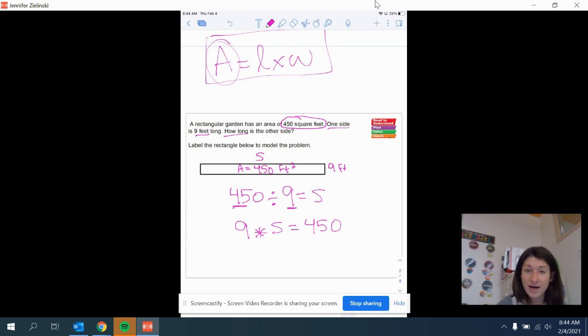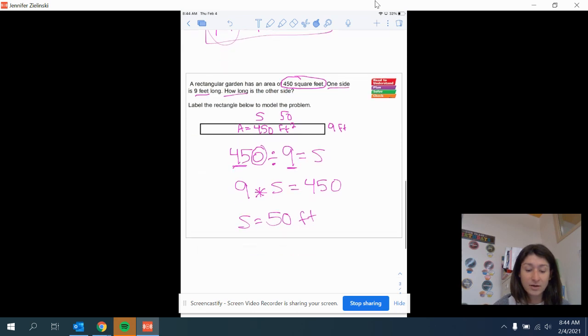And if I divide that, I get 5. But then I have to remember that I have my 0 here. So my answer would be 50 feet. And one way to check this is to think about, if I put my 50 here and I do 50 times 9, I would get 450.